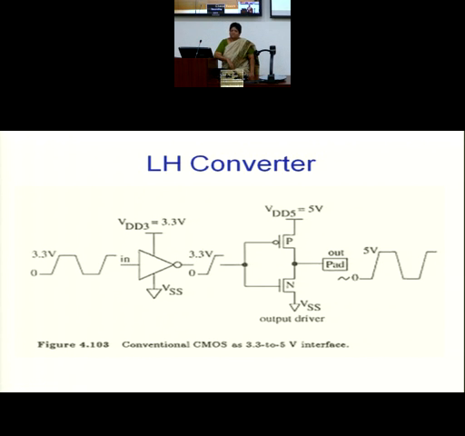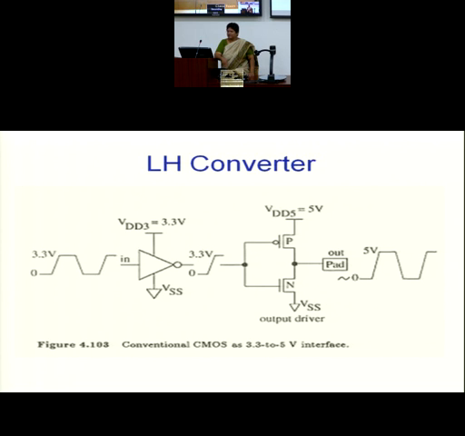So the whole concept of reducing power consumption has no meaning here, because now your buffers, all the L to H converters, will be dissipating a whole lot of static power. So naturally I cannot use this as an L to H converter.